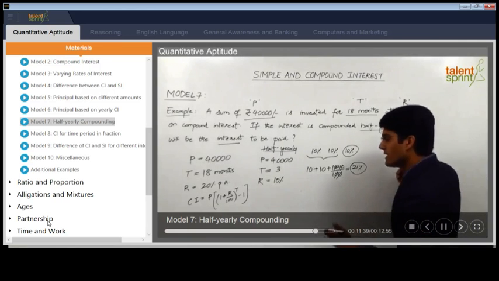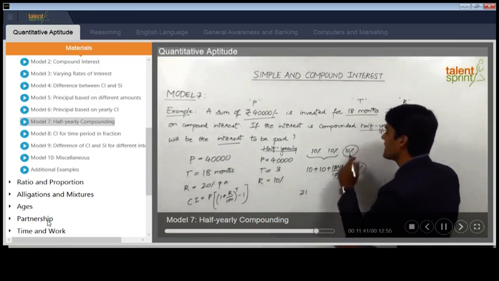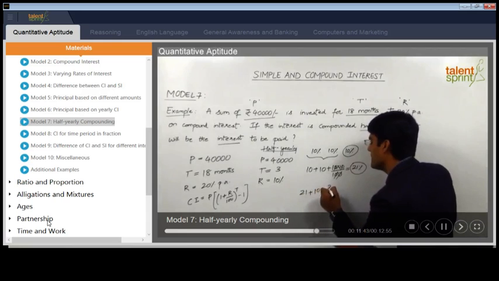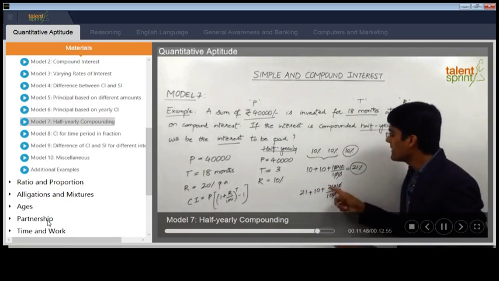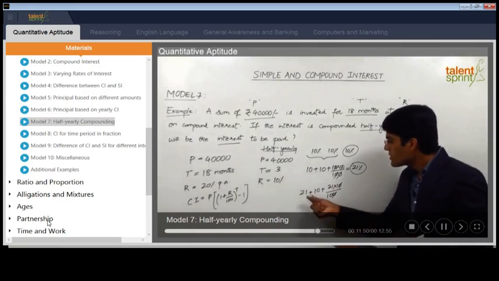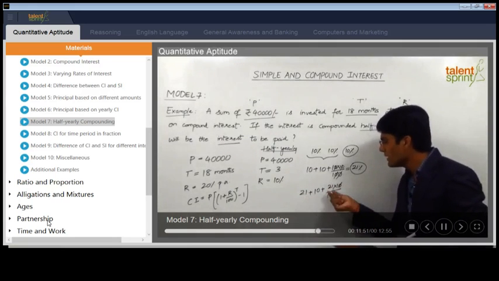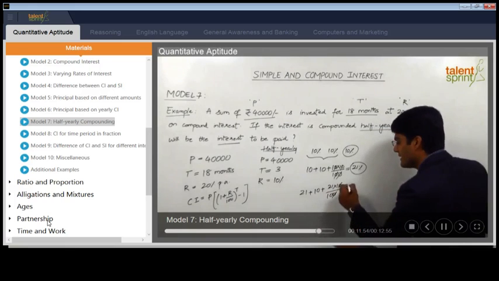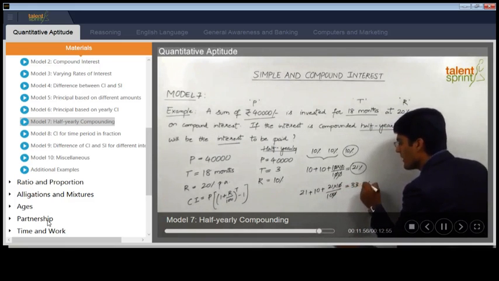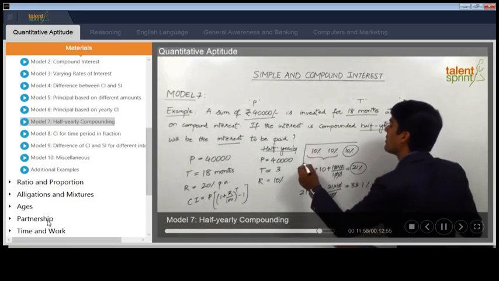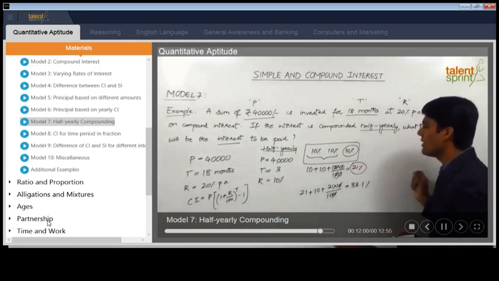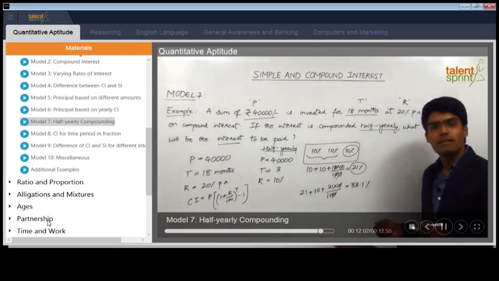So the net or effective percentage would be 21 plus 10 plus 21 into 10 by 100. So 0 gets cancelled and 21 by 10 would be 2.1. So 21 plus 10, 31, 31 plus 2.1 is 33.1. So very clearly the overall or the effective percentage for all these 3 values here would be 33.1%.